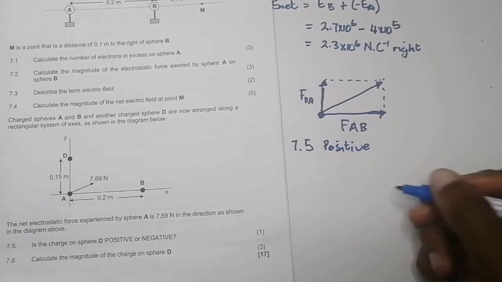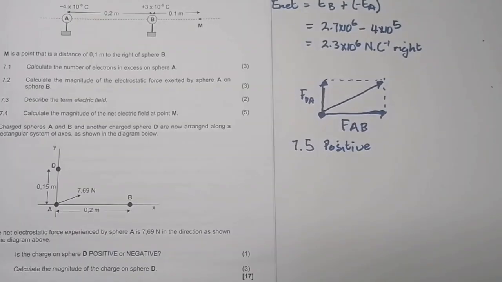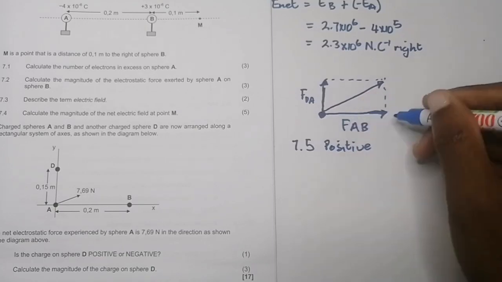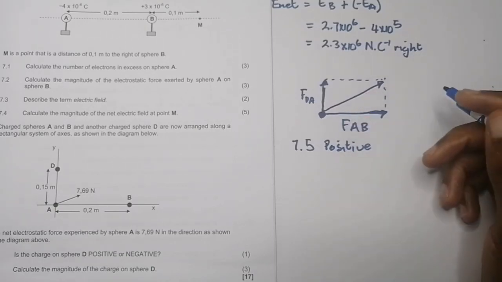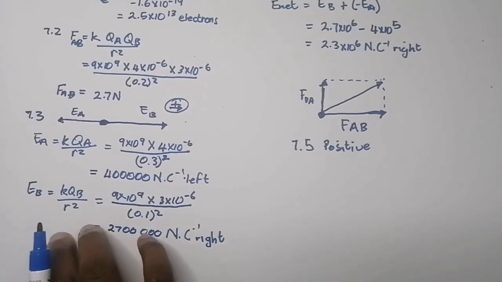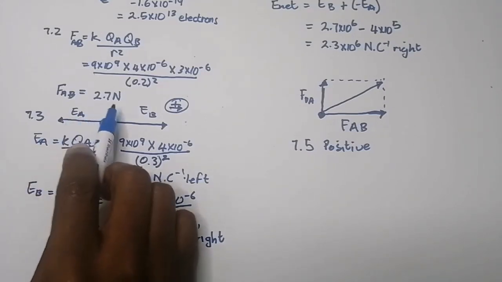Now they say to calculate the magnitude of the charge on sphere D. So we already know the force that A exerts on B. Remember we calculated it earlier on. It was that 2.7 newton force there.